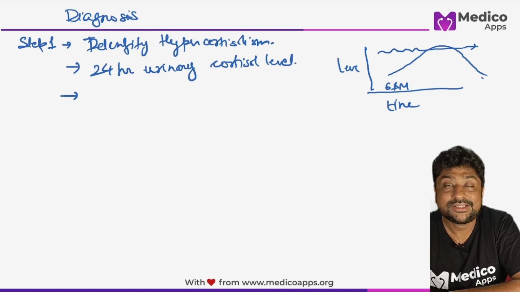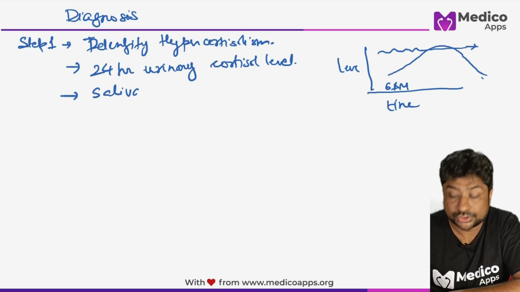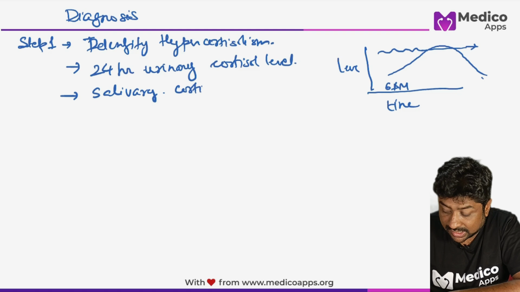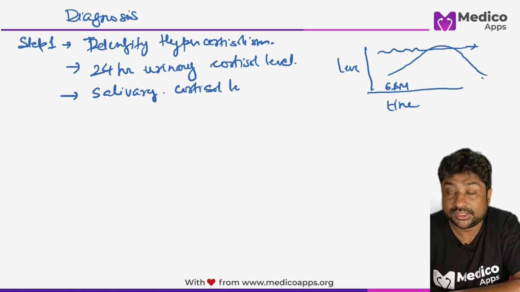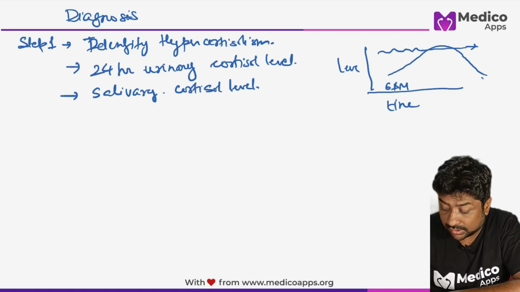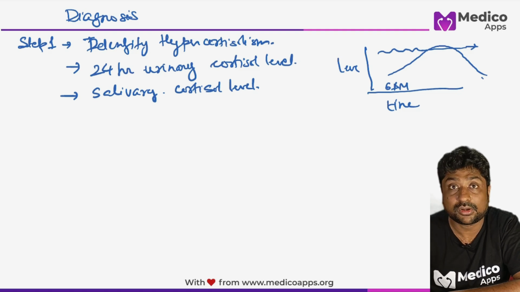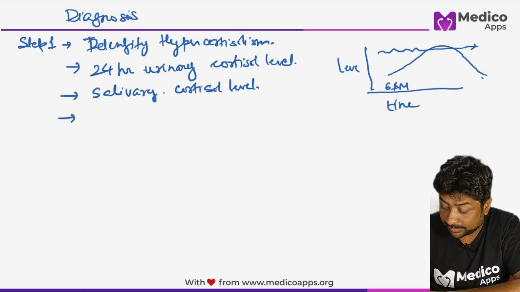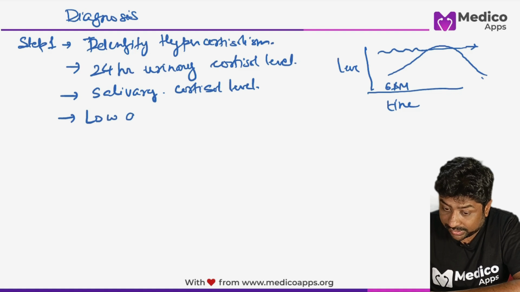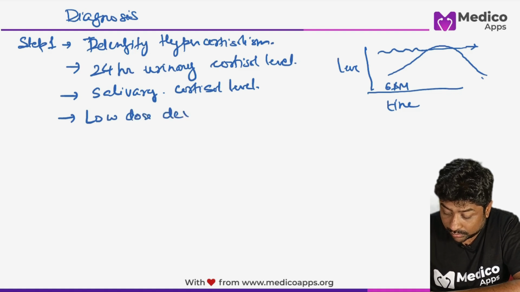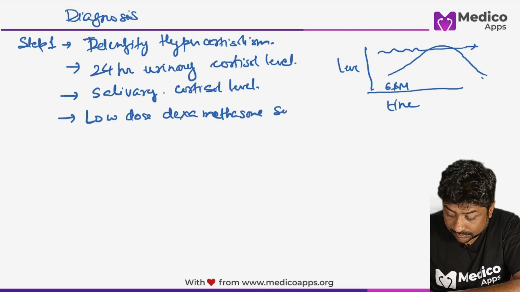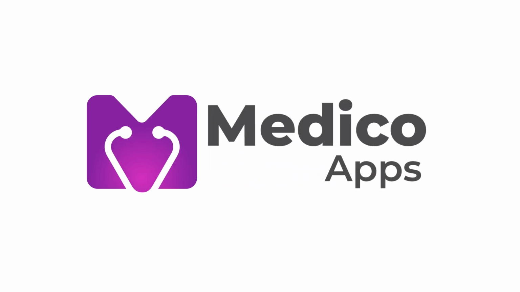And how do we check for cortisol level increase throughout the day, or spot cortisol level? Generally, we do a salivary test. So, in saliva, we can check the cortisol level. This is more indicative of the spot cortisol levels. Okay. Then also, we can go for a low dose dexamethasone suppression test.